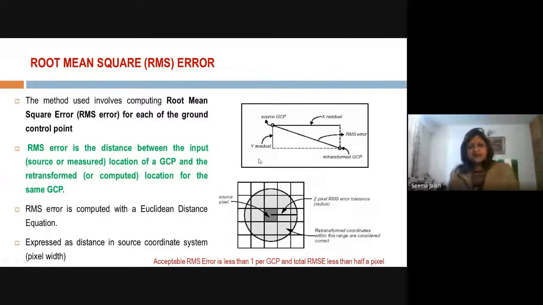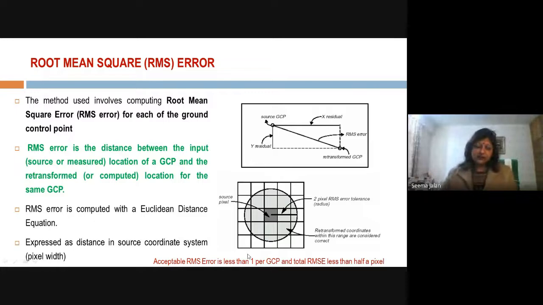Because I am georeferencing a raster, it has a pixel. I am satisfied if my computed location lies within the same pixel. I don't mind, but it should not go beyond that pixel.